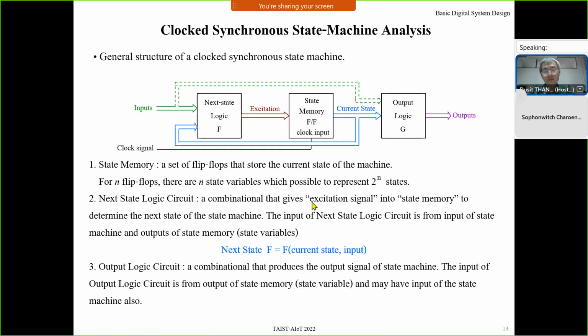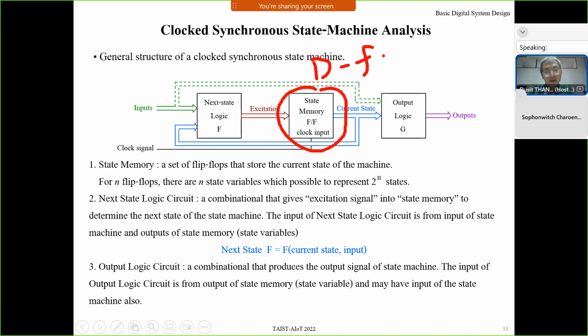Now, for a clock synchronous state machine, the basic structure is this one. This one is the flip-flop, used as memory. For this class, let's use the flip-flop.